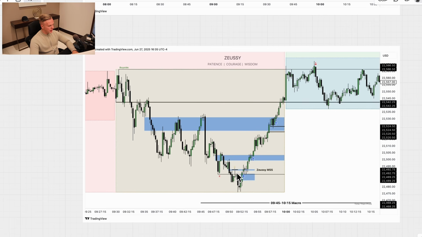Notice that we take out the high which formed inside that bearish value gap, and when it comes to the market structure shift pattern, what this pattern looks like is that we look for a bearish value gap to be created, we look for a high to be established inside that bearish value gap, and as the market eventually displaces through that high after reaching our point of interest during our time of interest, we can be looking for a bullish value gap to get created inside of the run above that high which formed inside of that bearish value gap. This is the market structure shift pattern, the juicy MSS.